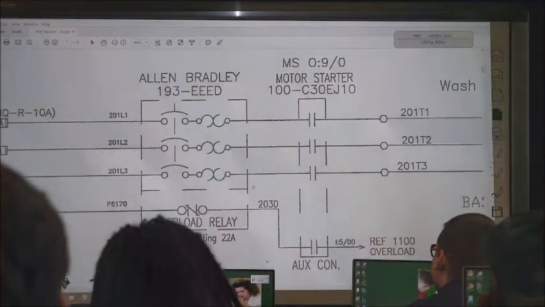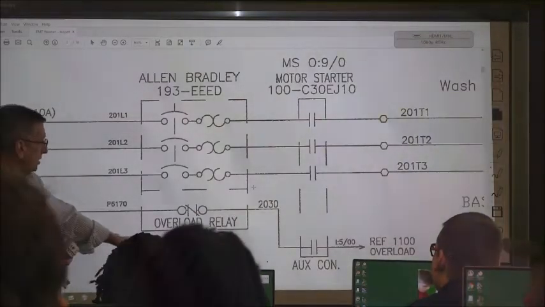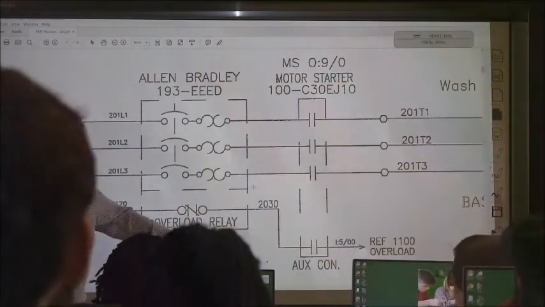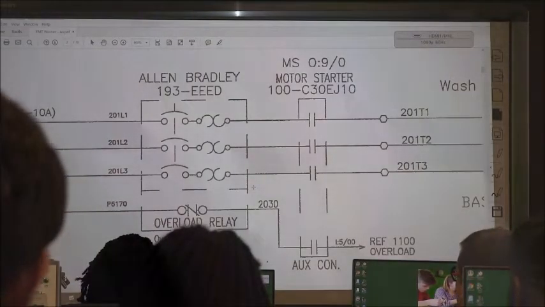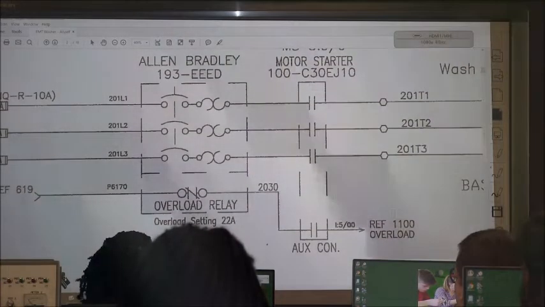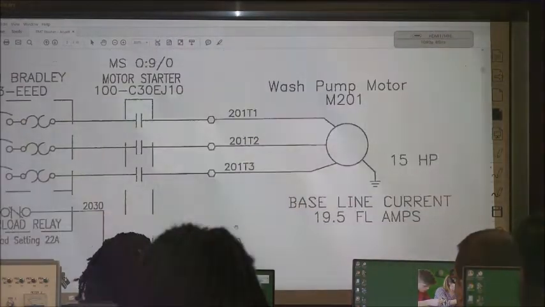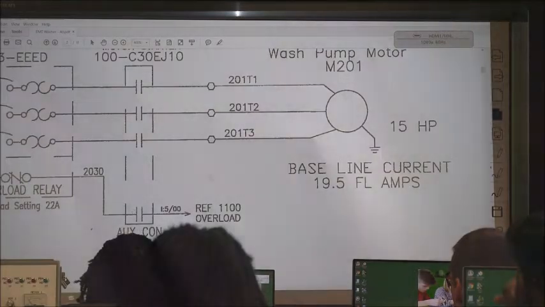And I would venture to say that this was adjustable, right? Overload setting 22 amps. They've already adjusted it. It's probably something similar to this. Would be my best guess. And then, if we look at the motor starter contacts here, there's also an auxiliary contact off of that motor starter.